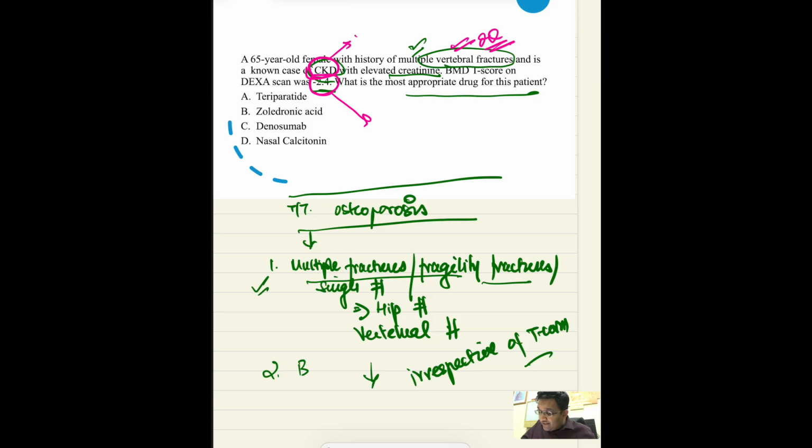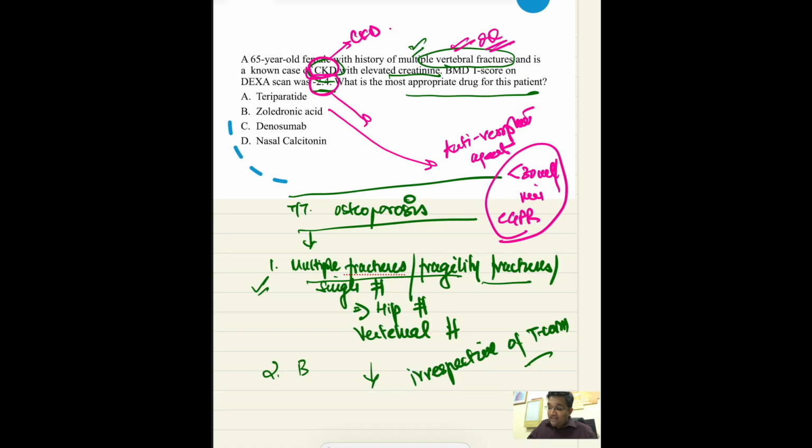The patient has CKD. In CKD, what we need to understand is that zoledronic acid, an anti-resorptive agent, cannot be given to any patient with an eGFR of less than 30 ml per minute.